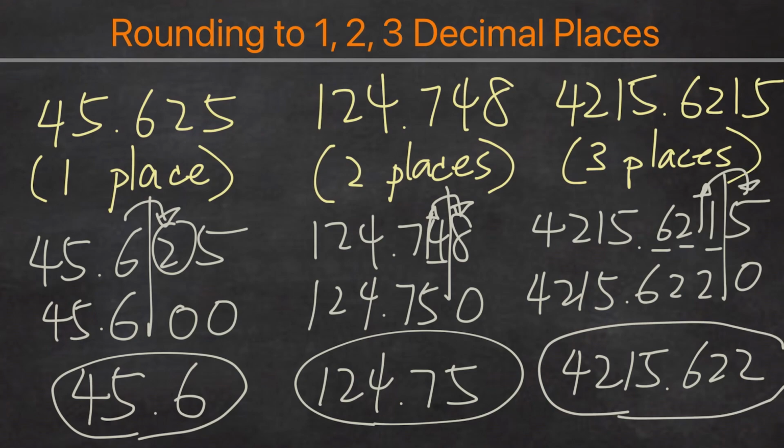And anything half or more, we're rounding up. Anything less than half, which in this case would be 4 or less, then we don't do anything. You can choose whichever way you want to memorize it. Either way, you'll be able to master decimal rounding. And know that 1 decimal place is for the 10th place, 2 decimal places for the 100th, 3 decimal places for the 1000th.